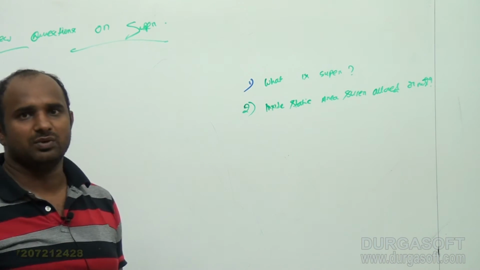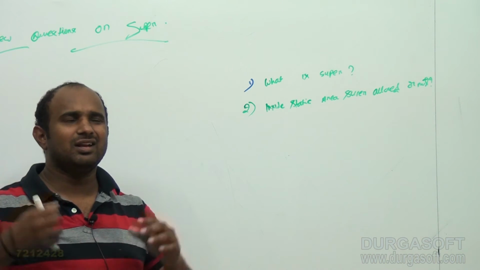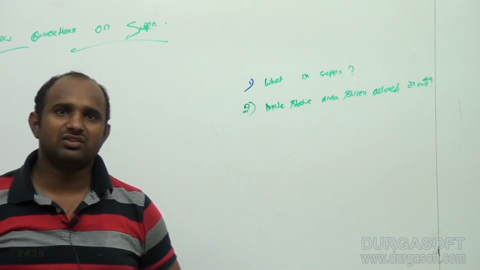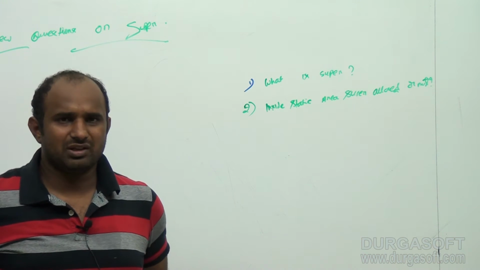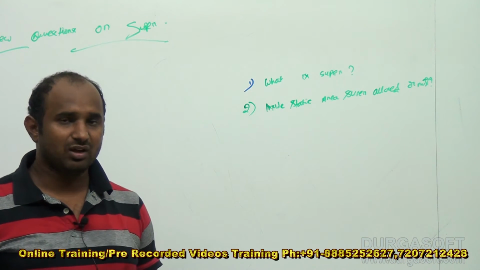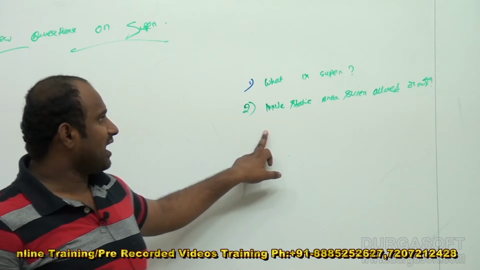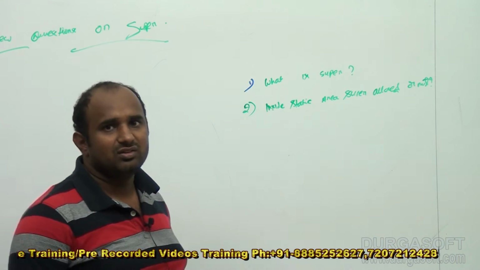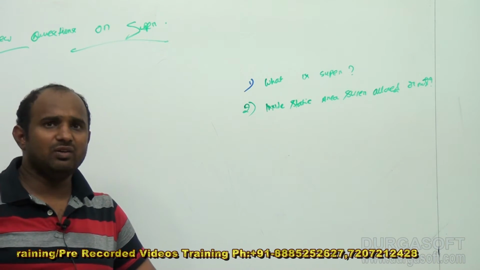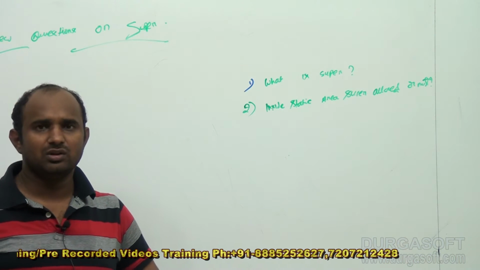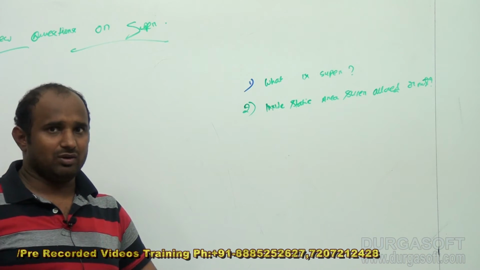Simply, it's not allowed, so don't forget that point. If inside the main method, public static void main, we try to use the super keyword and this keyword, the conclusion is that inside the static area, super keyword and this keyword both are not allowed. You can check that point once.